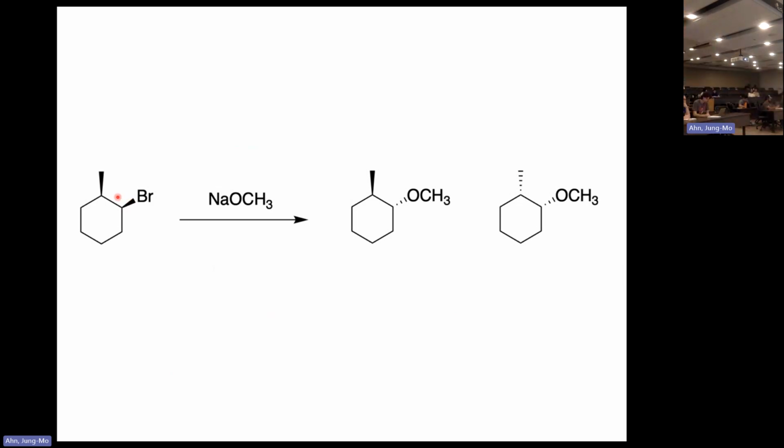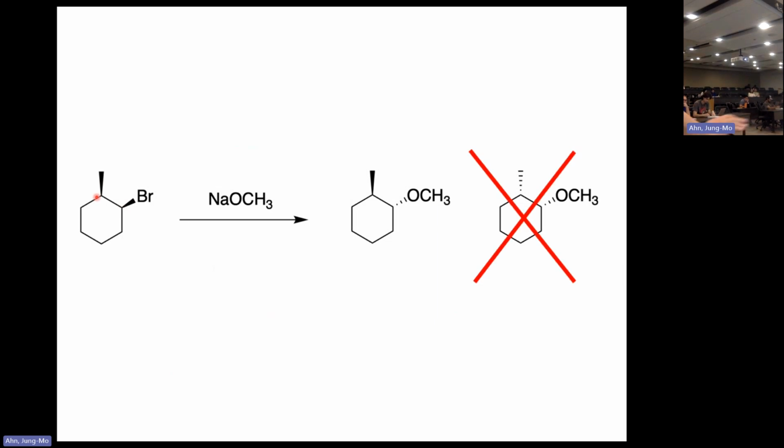So this stays on the bottom, bromine leaves to the top, and that's why this one goes here with a dashed line. But nothing happened to this other carbon, right? Nothing happened to that carbon, so there's no reason for it to change its stereochemistry. Only the carbon where the reaction happened changed the stereochemistry, not this one.